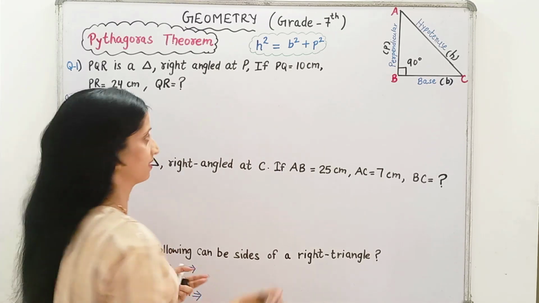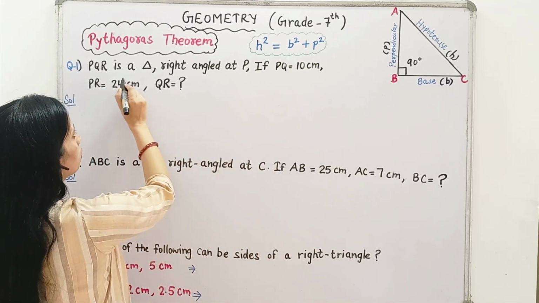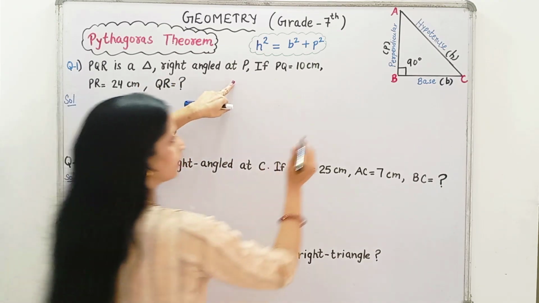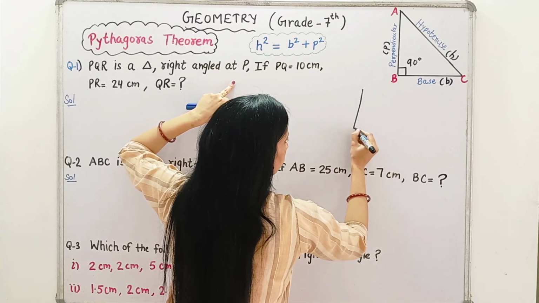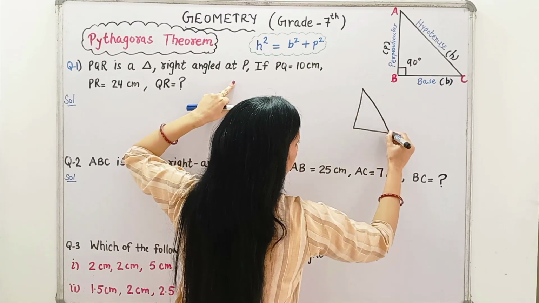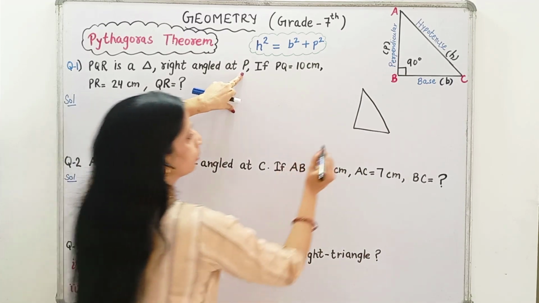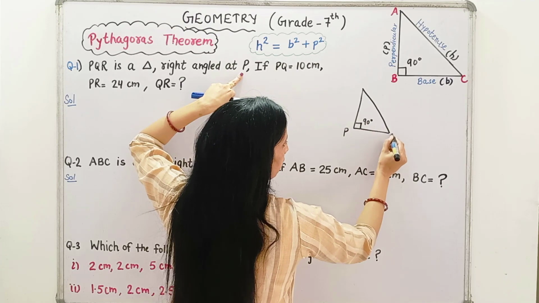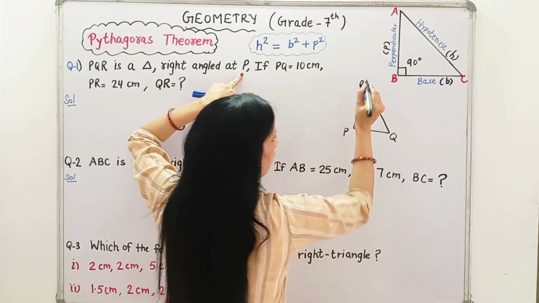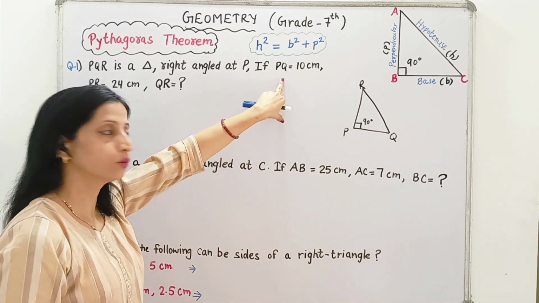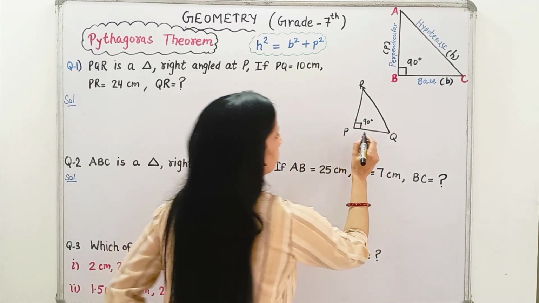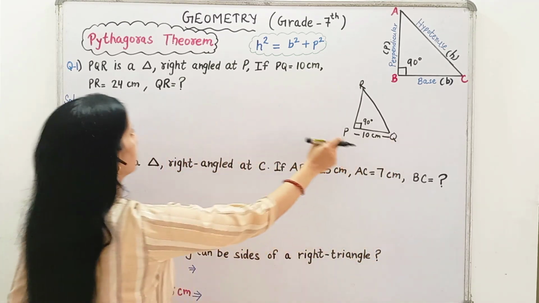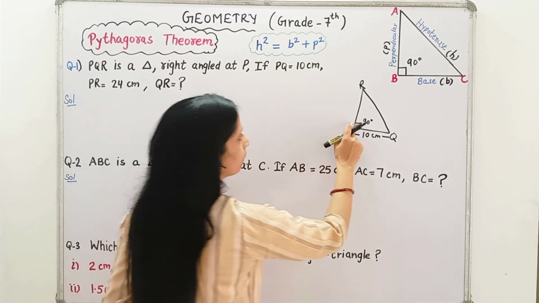So let's start. First question is, PQR is a triangle right angled at P. So let's figure it out. This is a triangle, name is PQR, and it is right angled at P. So P will be of 90 degree, and let's name it Q. This is R. If PQ is equal to 10 centimeter, this is given, length of PQ is 10 centimeter, PR is 24 centimeter.